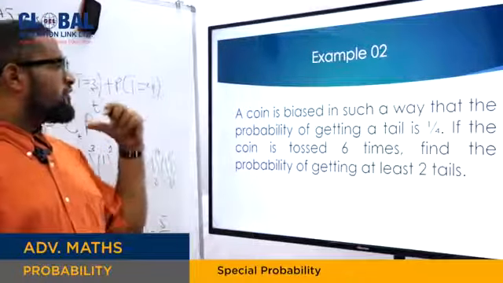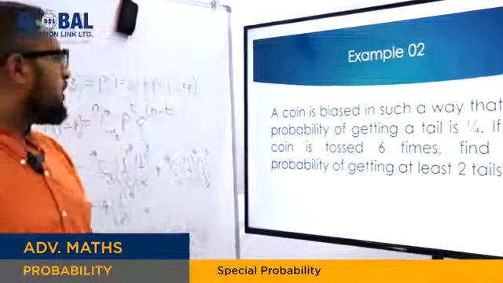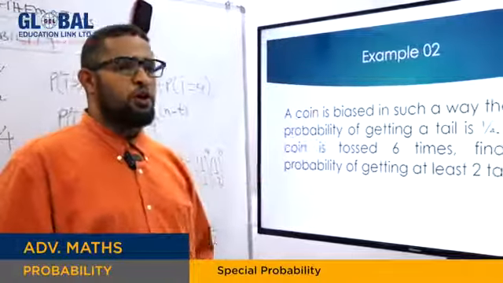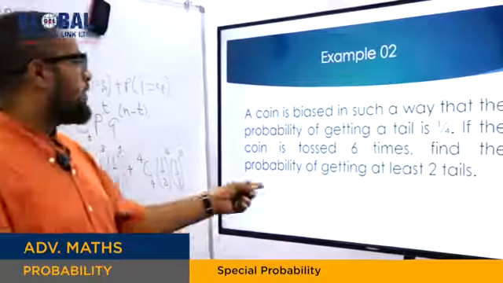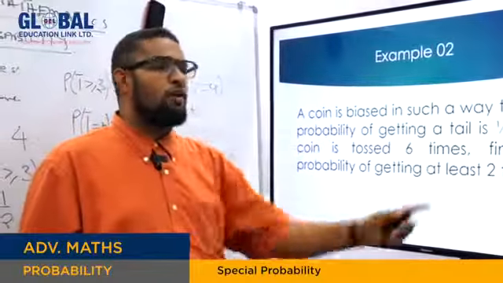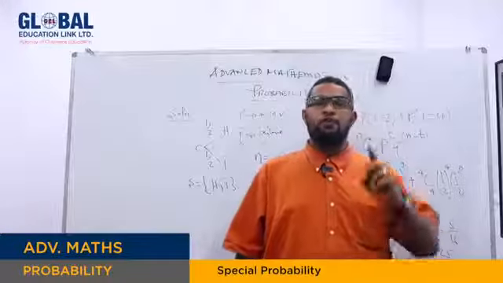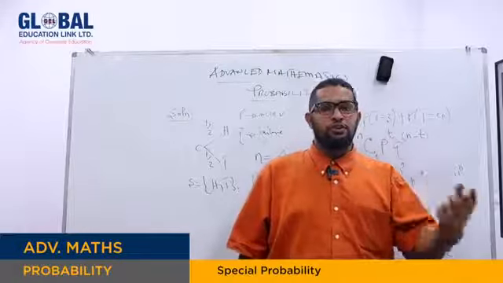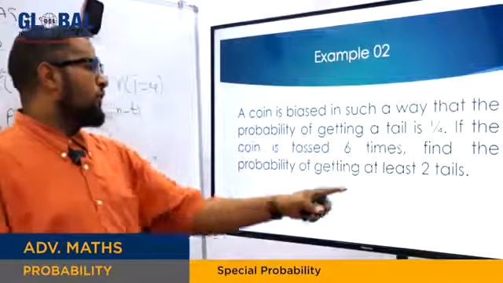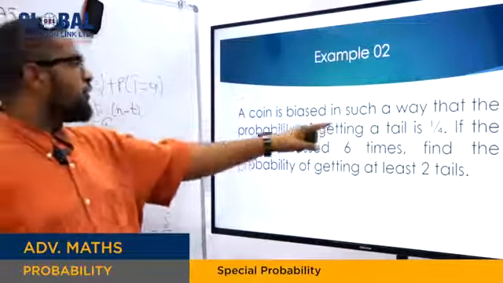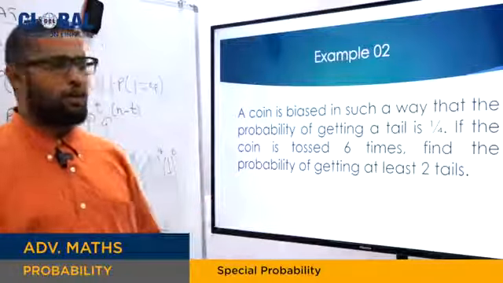So the first example was a fair coin, but this one is a biased one. When we say biased, it means not a normal coin. That's why we have a probability of 1 over 4. As you know, a coin has a probability of 1 over 2 for each outcome to occur. But this one has 1 over 4.